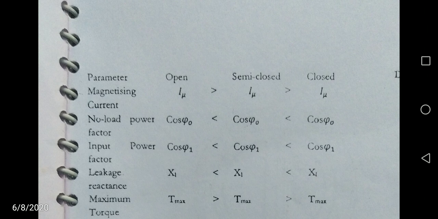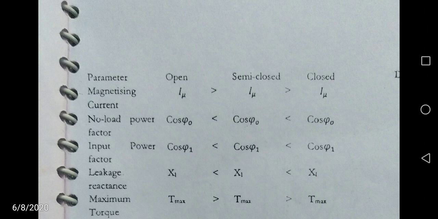We know that I is proportional to P by V cos phi. So in closed slot, cos phi is more because magnetizing current is less. When magnetizing current is less, power factor is more because current and power factor are inverse relations.